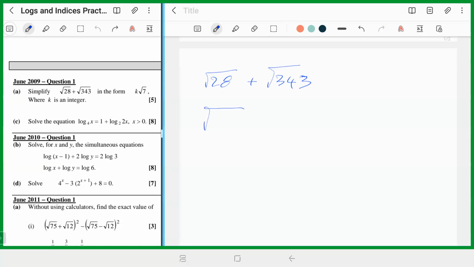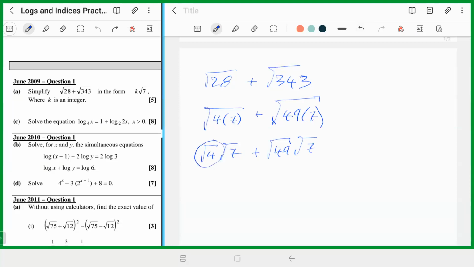49. Good. So this one is the square root of 4 times 7 plus this one becomes the square root of 49 times 7. Right? And then the square root of the 4 is 2, because this now can be written as the square root of 4 times the square root of 7, plus the square root of 49 and the square root of 7.